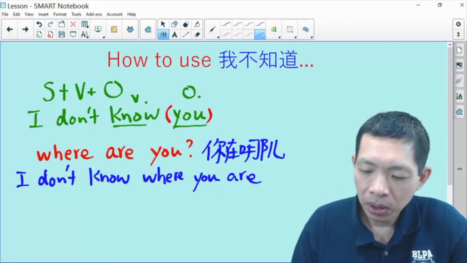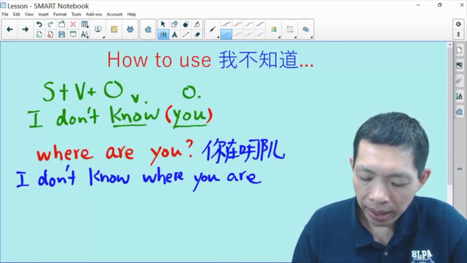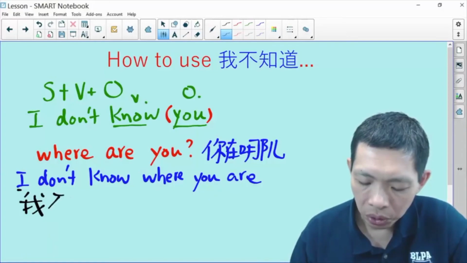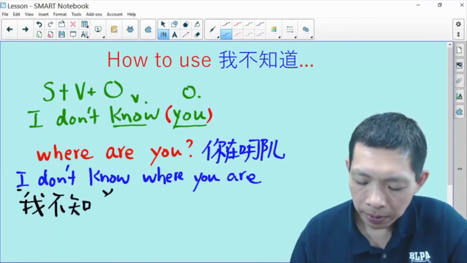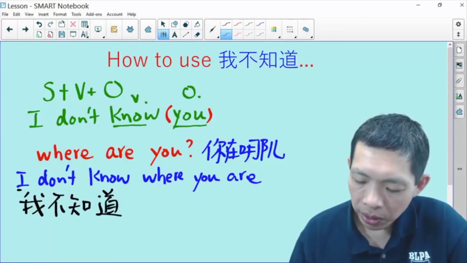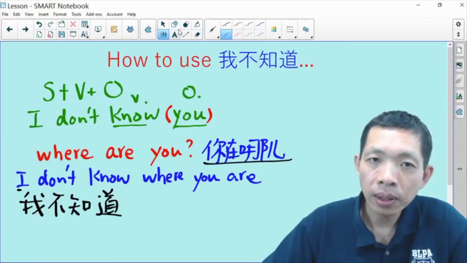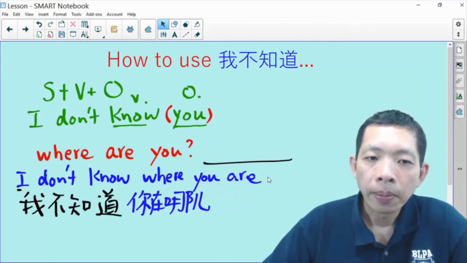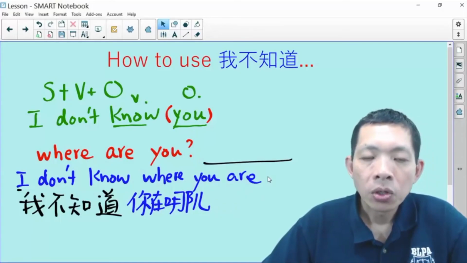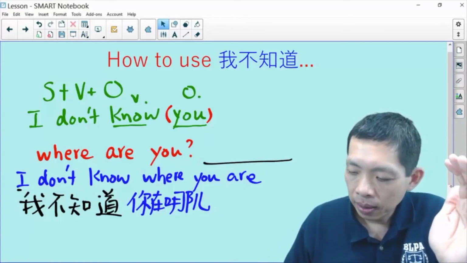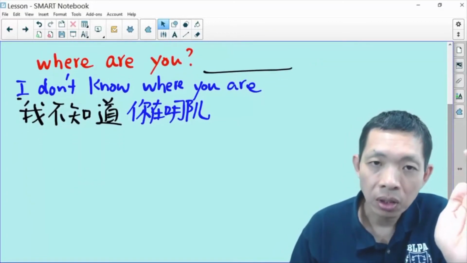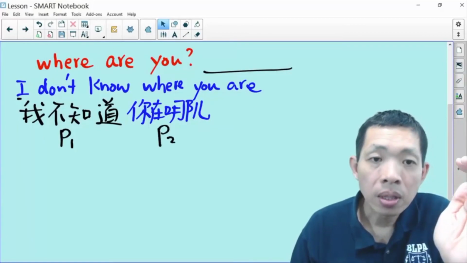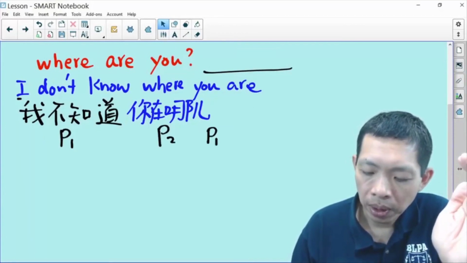You say 我不知道, and you keep the same thing. So basically, the I don't know sentence is actually two parts: part one plus part two.